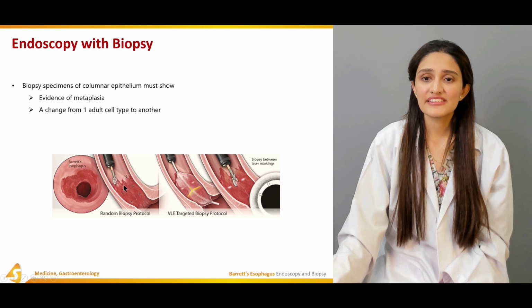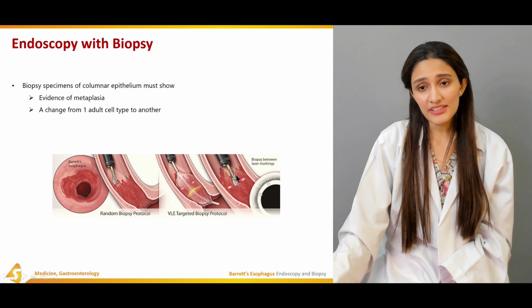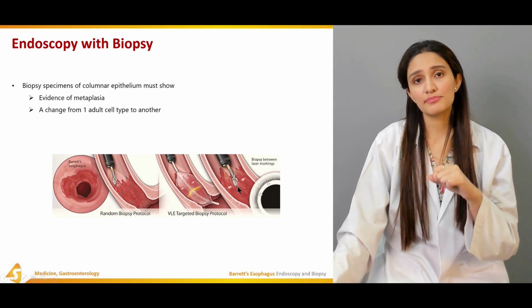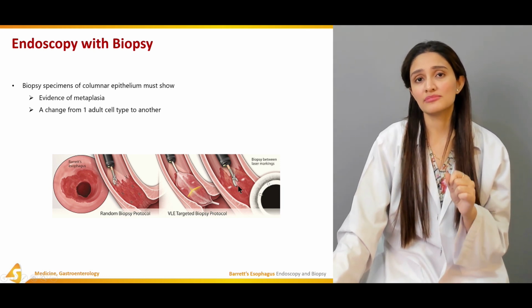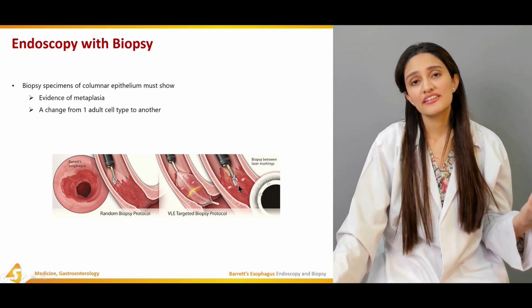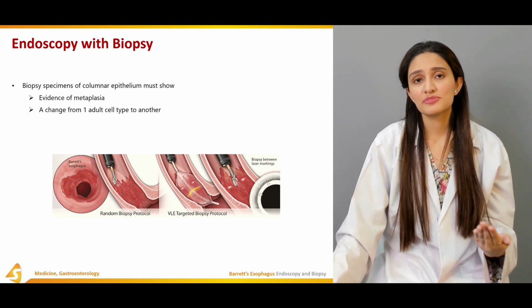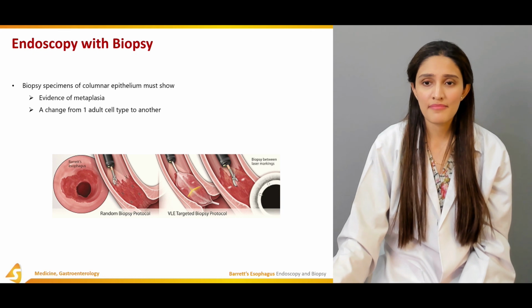And then there's a clip-like structure at the tip of the endoscope, which helps in clipping a part of the abnormal esophagus, the abnormal epithelium. And then this clipped part is taken out and sent to the pathology lab to be seen under the microscope.